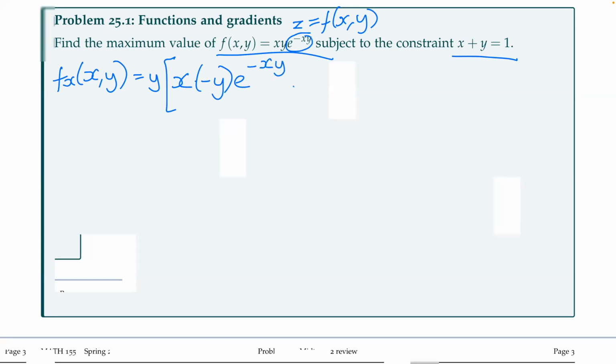And then now we take this and multiply it by the derivative of this. The derivative of x with respect to x is just 1. We multiply that by e to the minus xy. That's just our product rule.